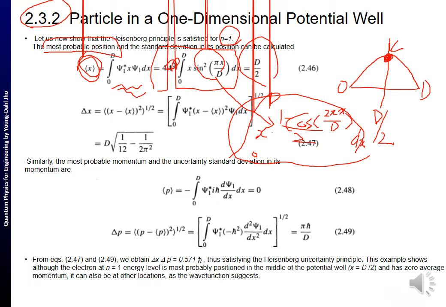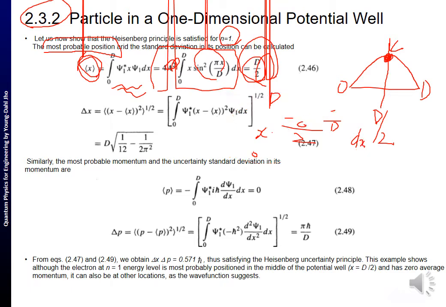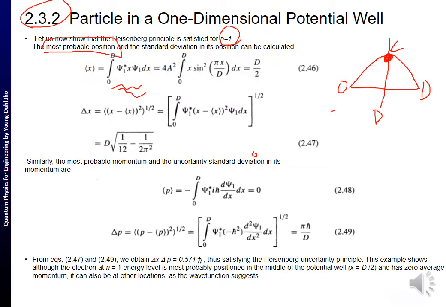So probably you do better to practice those procedures yourself, and you will get d over 2. Okay. So the mathematical procedure will lead to the same value as our intuitive picture.